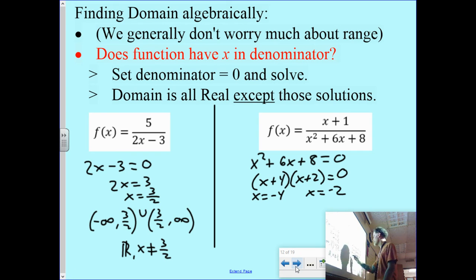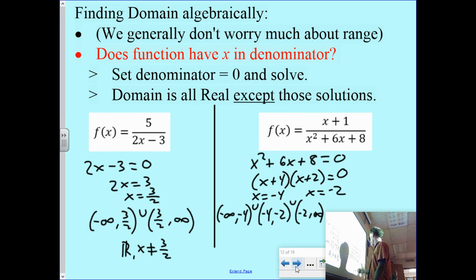And again, when you write the domain, it's all real numbers, negative infinity to infinity, except these guys. When you're writing interval notation, it's a little bit longer. Let me try that again. Negative infinity to -4, union, -4 to -2, includes all those numbers, and then it jumps over -2 and goes on to infinity.